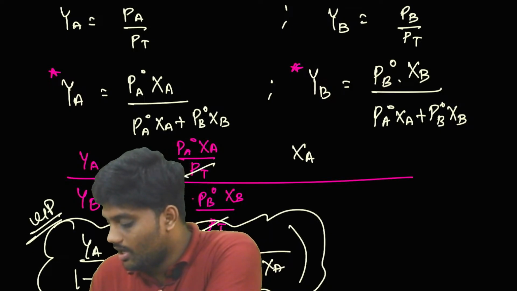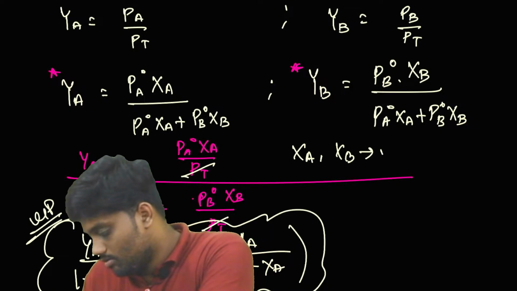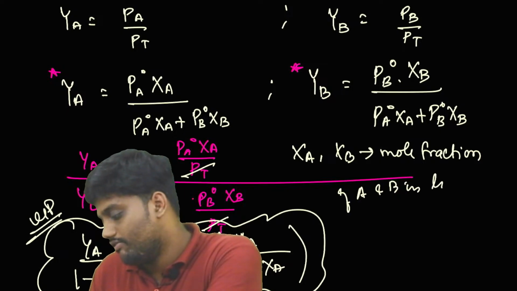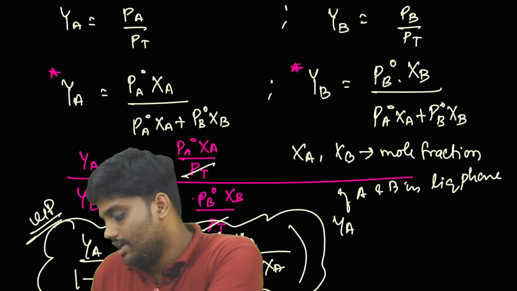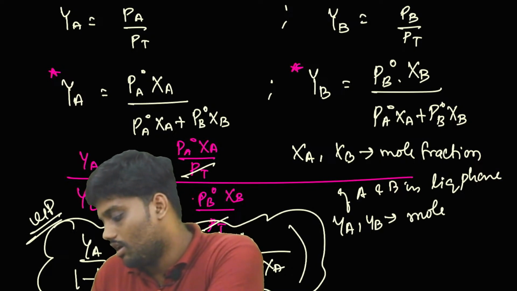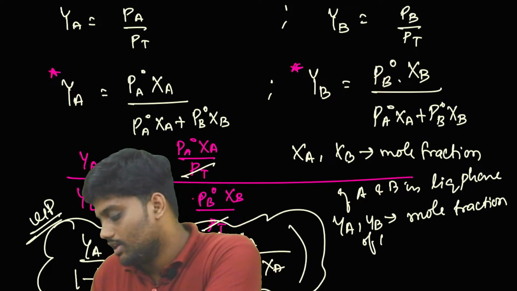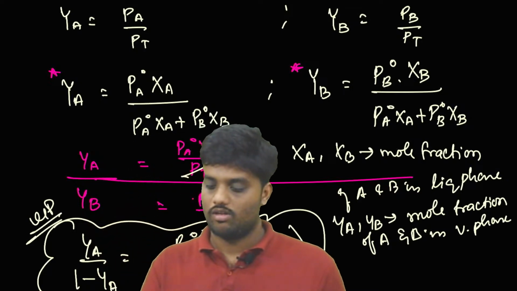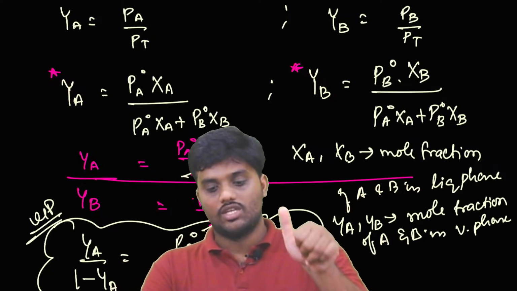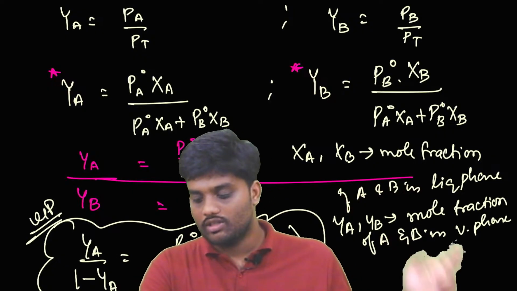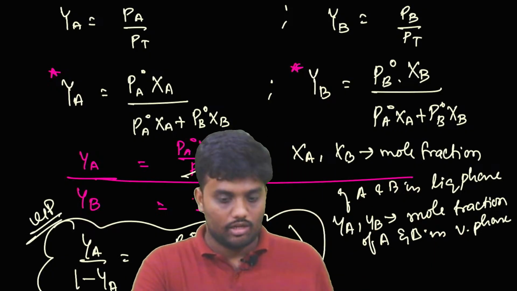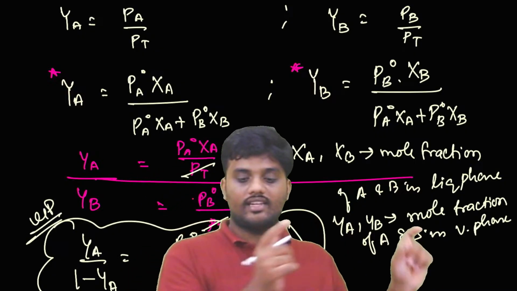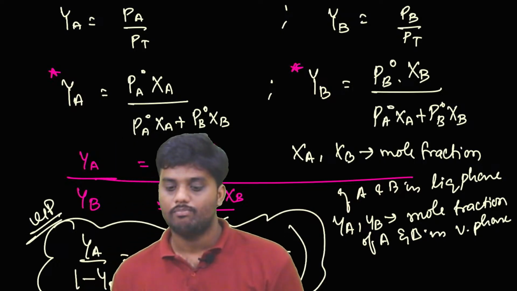Write down here: psi a and psi b are the mole fractions of A and B in the liquid phase. Ya and Yb are the mole fractions of A and B in the vapor phase. If you know psi a, psi b, Pa naught and Pb naught, you can find Ya and Yb. If you know Ya, Yb, Pb naught and Pa naught, you can find psi a and psi b. It is as simple as that.